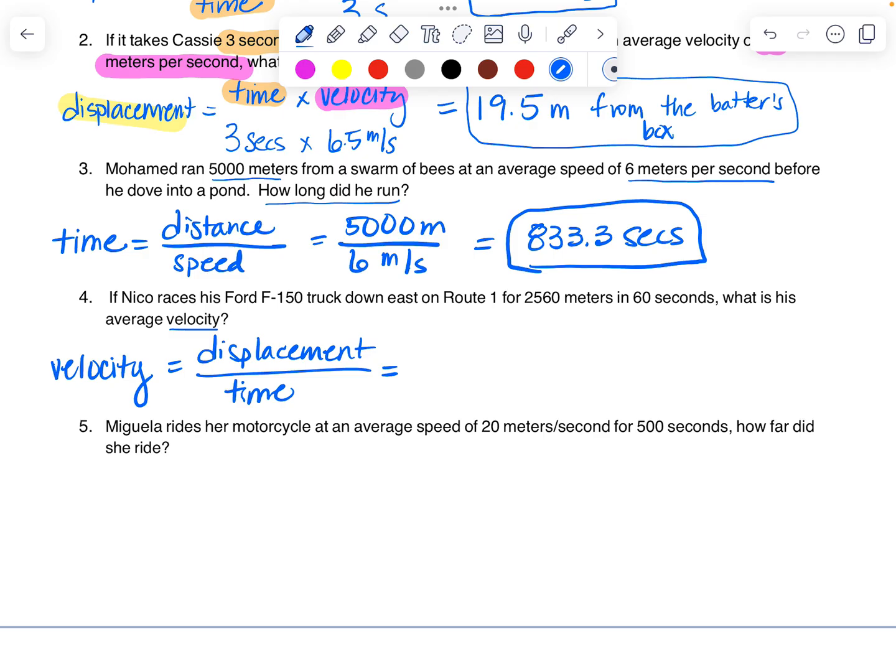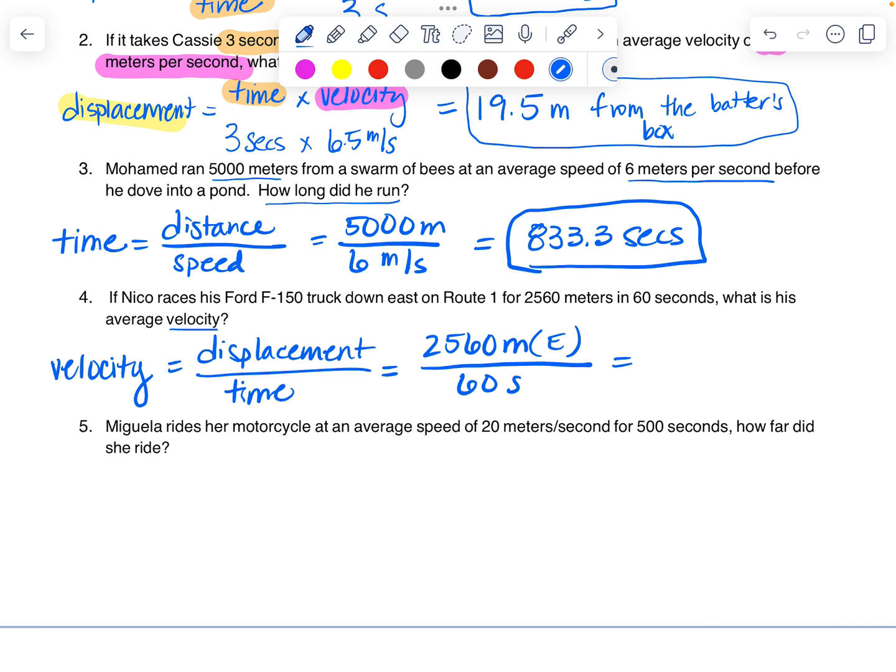So our displacement is 2,560 meters, and it's east. I'm just going to put a little E there because that's our direction. And our time is 60 seconds.